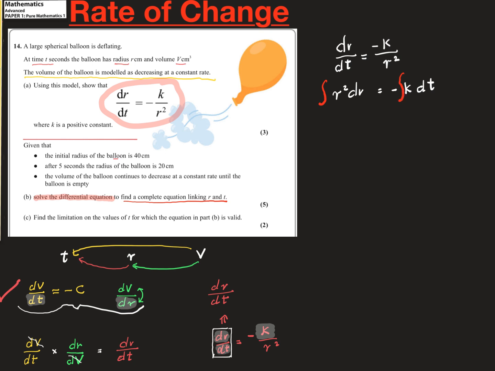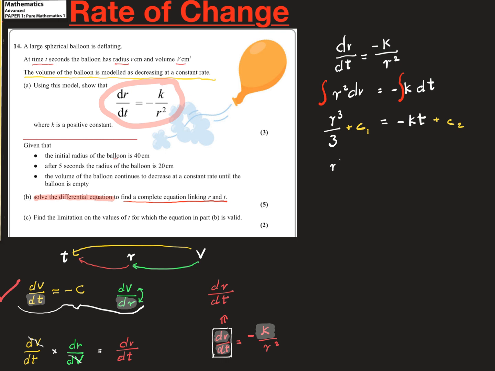Integrating r squared will give us r cubed over 3, and we also need to add a constant to it. We'll call this constant c1. And now we integrate the other side. If we integrate a constant with respect to t, we'll just get minus kt. And also there will be another constant of integration.